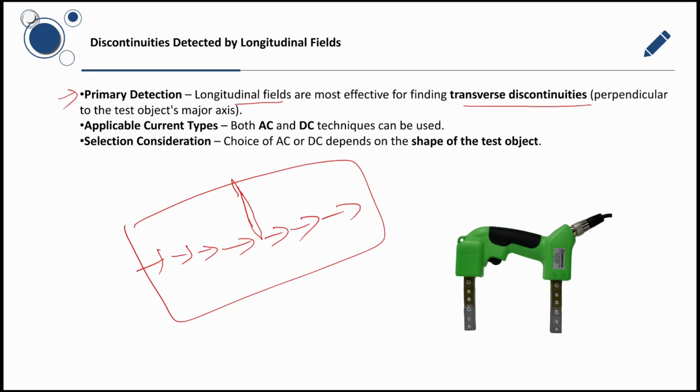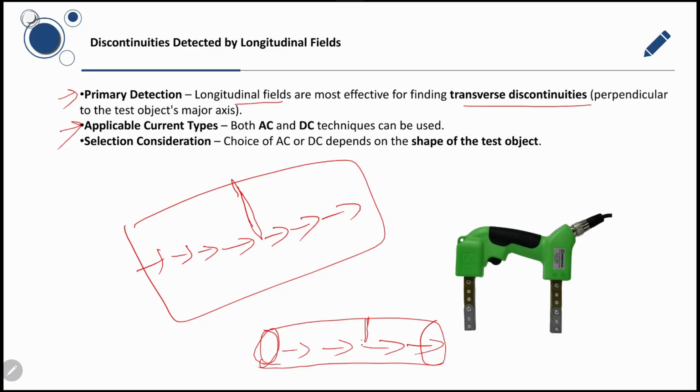Example, a pipe inspected with the longitudinal magnetic field will reveal a crack running around its circumference.